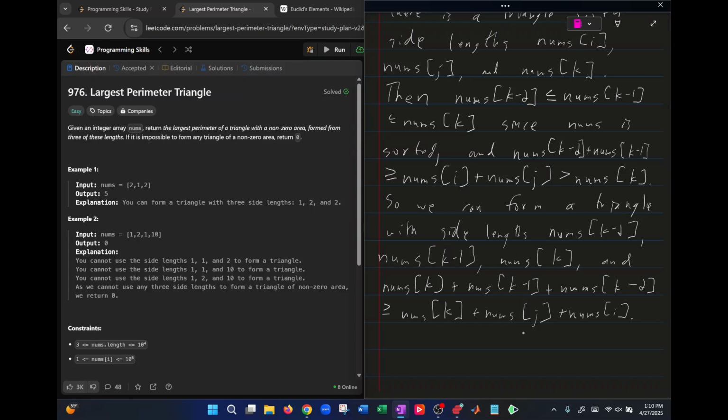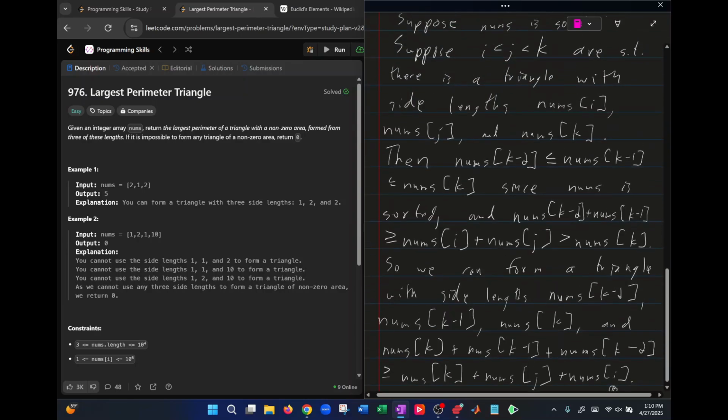What this means is that for any triangle where the index of the largest value is k, we can form a triangle of possibly greater perimeter from the values at indices k minus 2, k minus 1, and k.